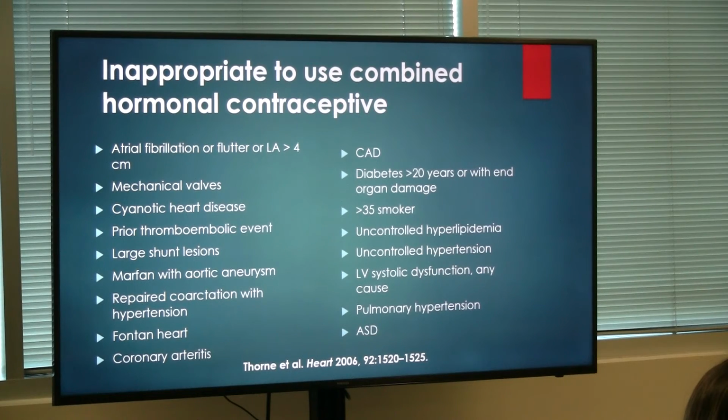Okay, so in the rest of the places you should avoid the combined hormonal contraceptives. Very important. It's actually pretty common in our clinic for people to walk in and have inappropriate contraception being used, and we have to advise them accordingly.